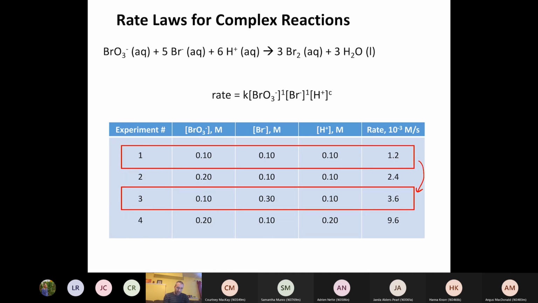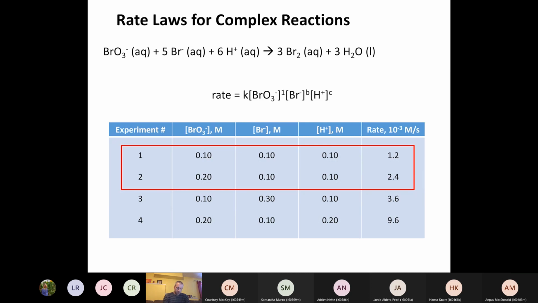So it turns out that if you double a concentration and the rate doubles, or you triple the concentration and the rate triples, if they have that relationship where they both increase by the exact same factor, then that means the exponent is going to be 1.